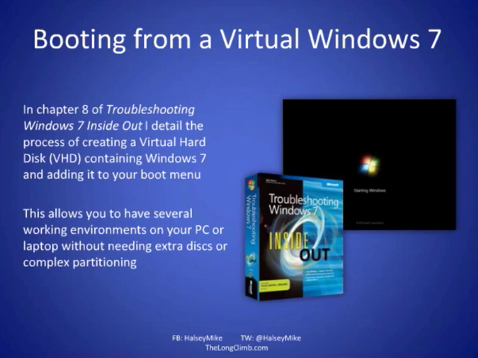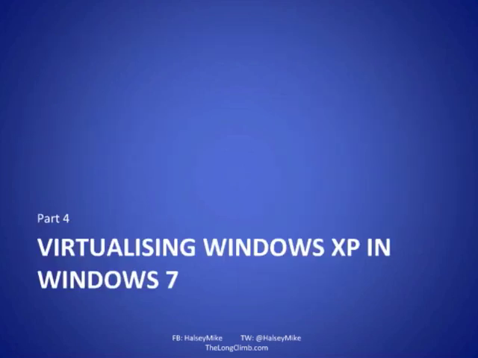All you need to do is copy over the new virtual machine, set the boot menu to boot into this virtual machine, which it will be done anyway, and a sales laptop suddenly becomes a designer's laptop. It's a really powerful way to do this. It's quite complicated, so I detail how to do this in depth in Troubleshooting Windows 7 Inside Out, in my book.